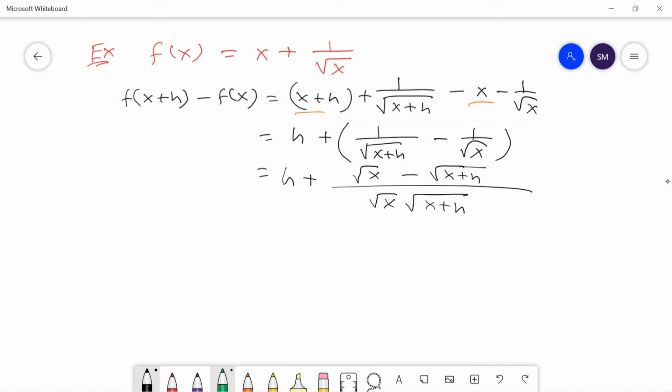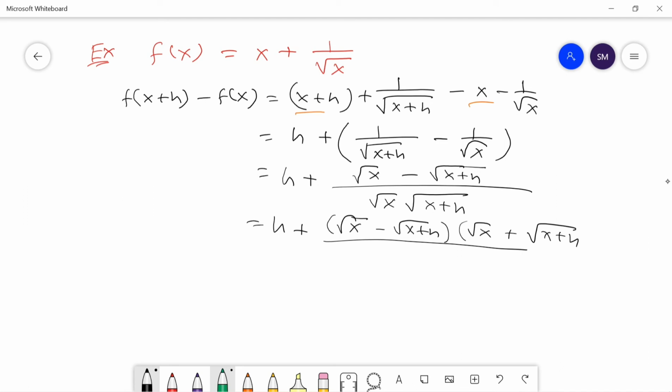So for future purposes, we'll just multiply with the conjugate and keep simplifying. Square root of x minus square root of x plus h, times square root of x plus square root of x plus h, over square root of x plus h.